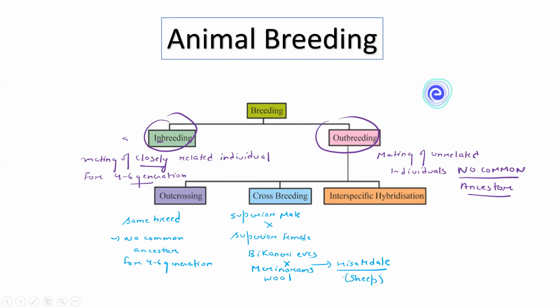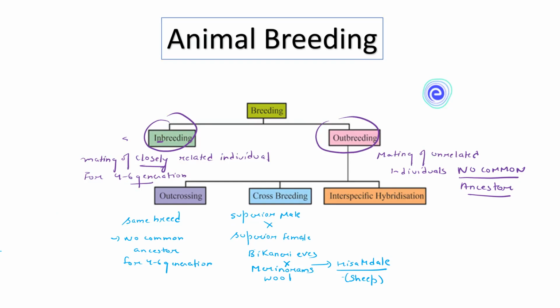Crossbreeding is between a superior male and superior female of different breeds to increase some yield or to enhance some character.